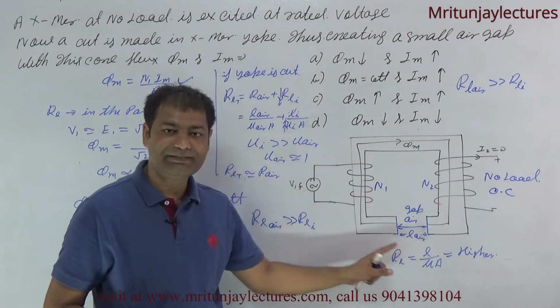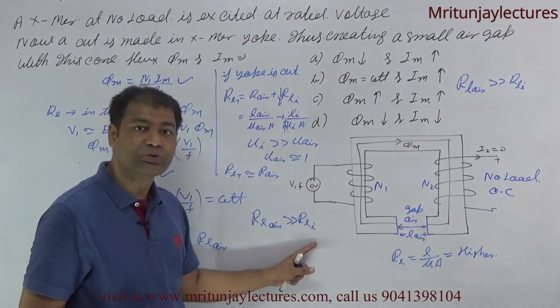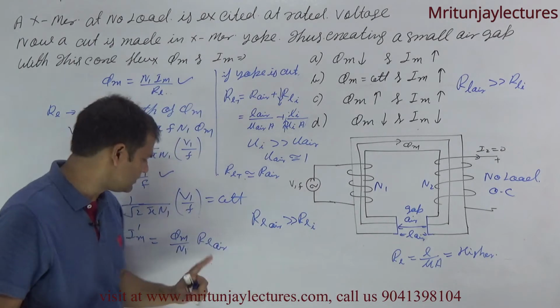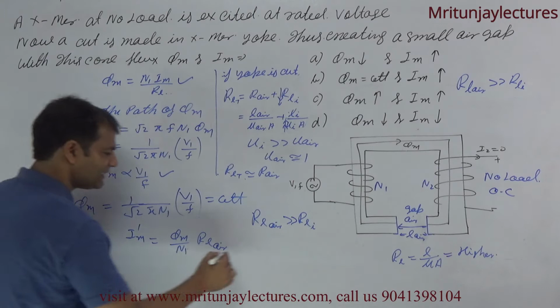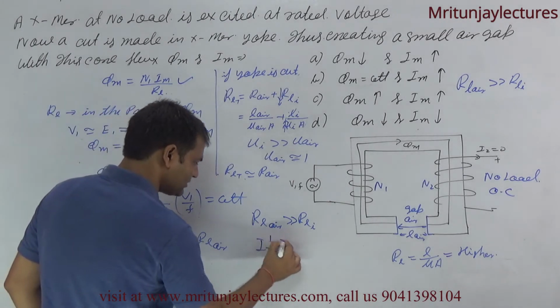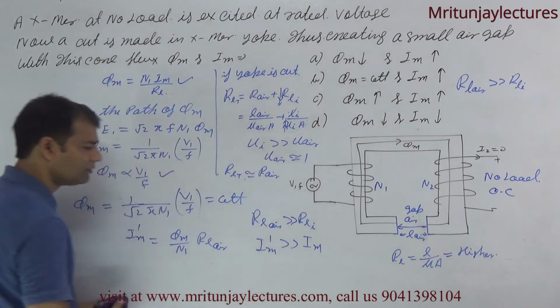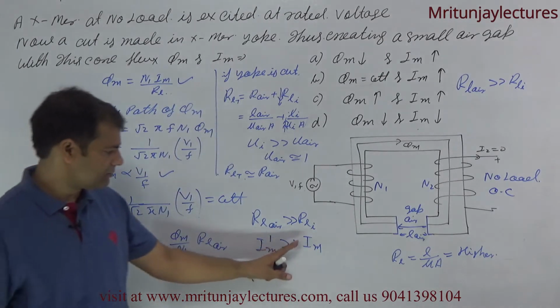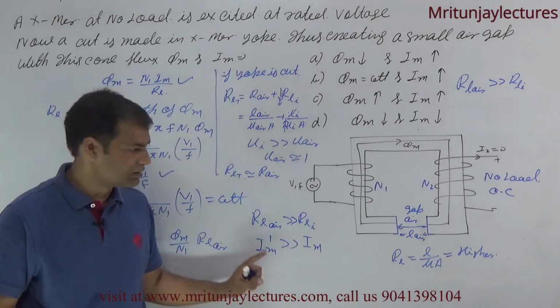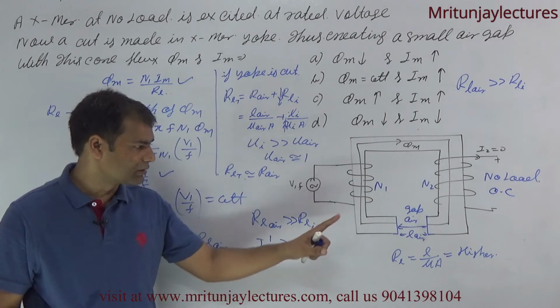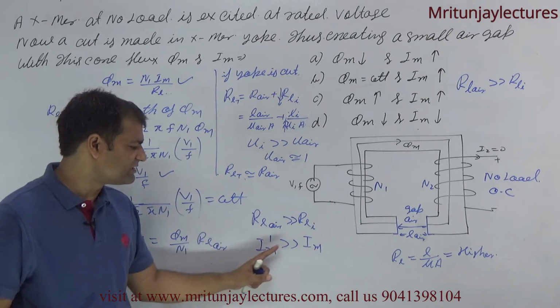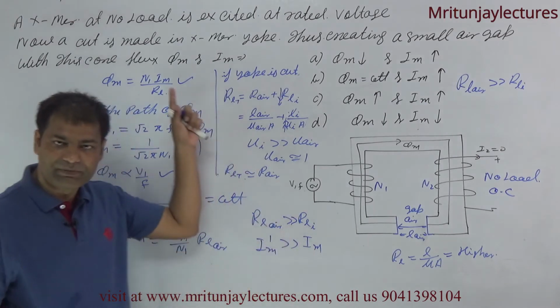air gap reluctance is much higher than iron core reluctance. That's why the magnetizing current is also higher. With the yoke cut, the magnetizing current is much higher than the previous magnetizing current.